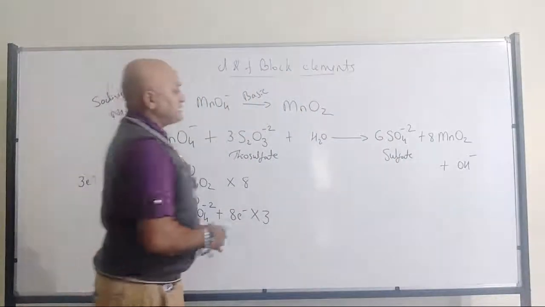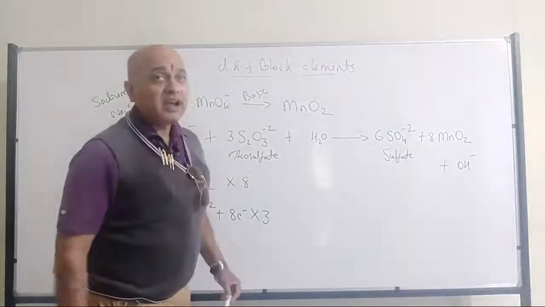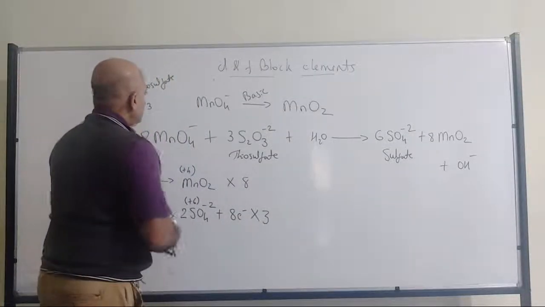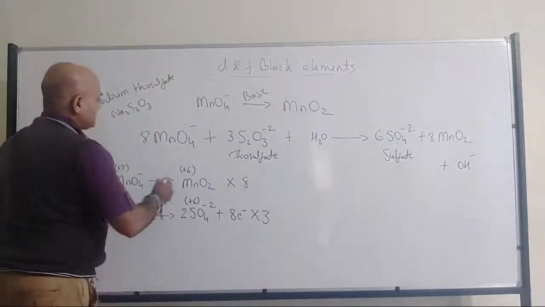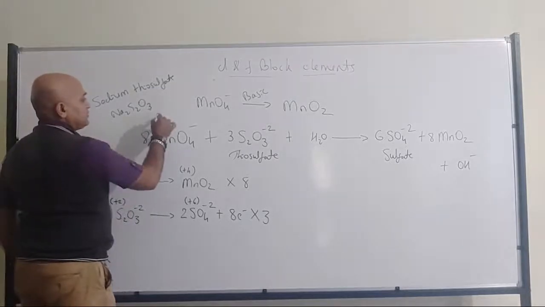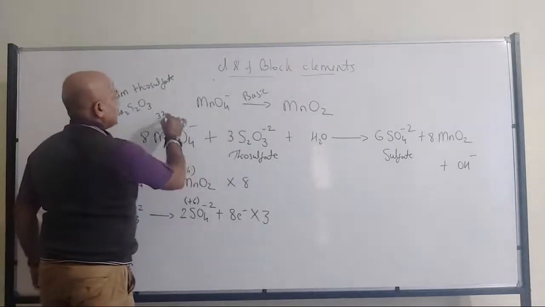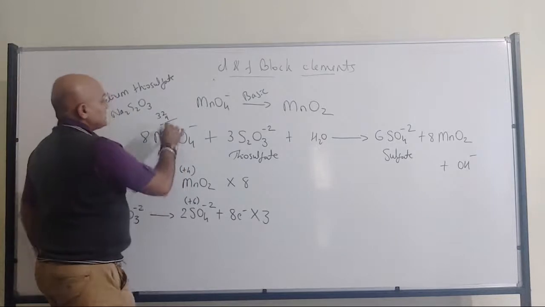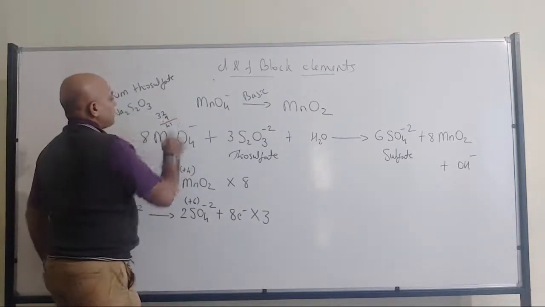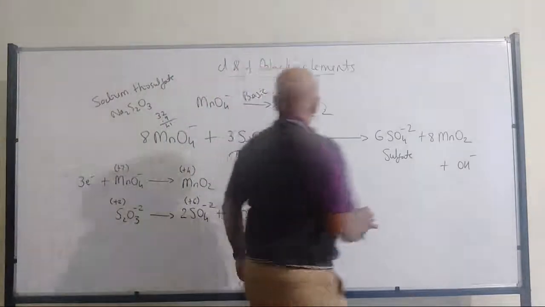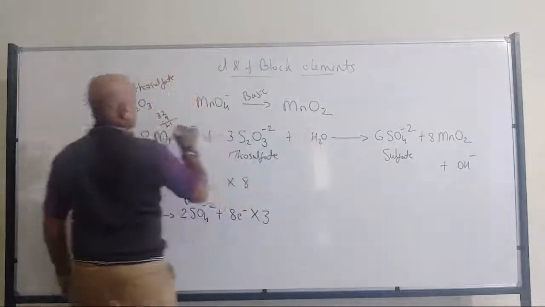Now we should balance the oxygen and hydrogen. Now on the left hand side, how many oxygens are there? 32 plus 9, right? So that means 41. We have 41, okay, 42, since water is there too.